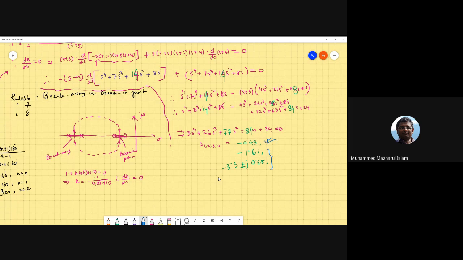The others can be discarded. Therefore, we can use sigma because it's a real value. Sigma equals -0.43. So instead of s, I'm using sigma, is the breakaway point.